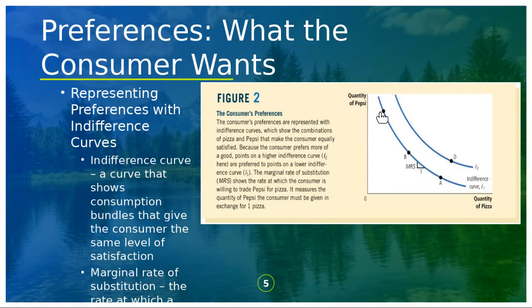What we're saying here is that if you gave an individual the option of consuming this many Pepsis, let's just say this is 500 Pepsis, and then giving them the option of consuming so many pizzas. Oh, we'll make this 400 Pepsis, and then giving them the option of consuming, say, 20 pizzas.